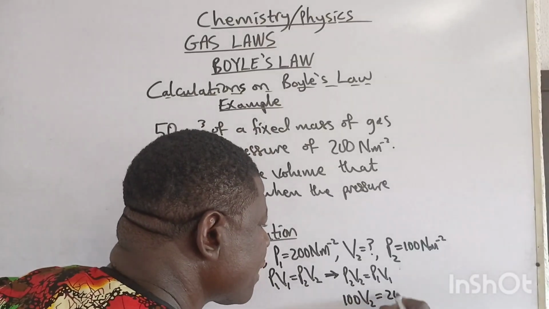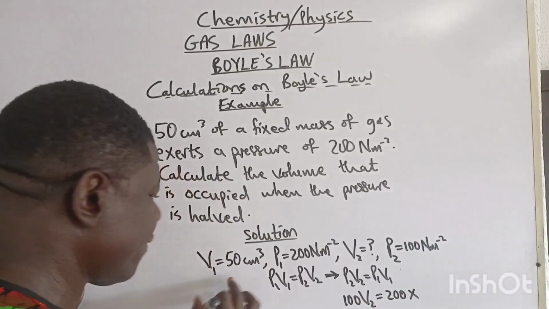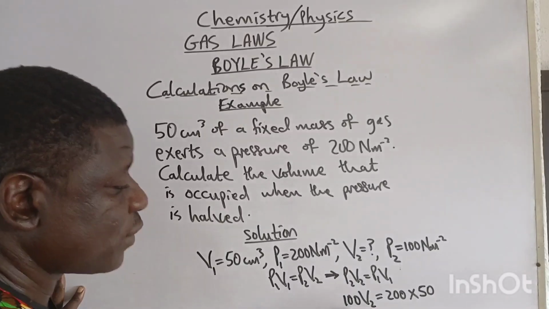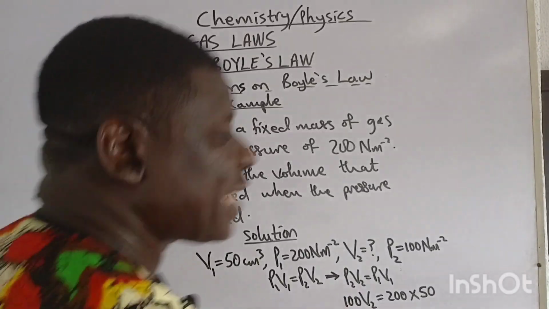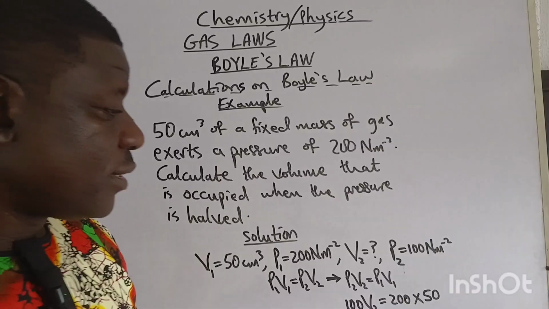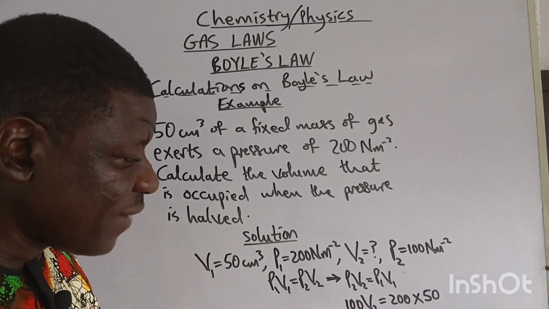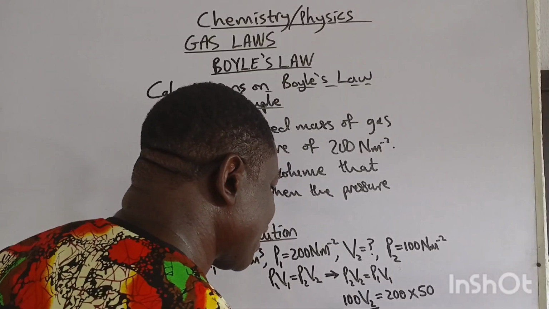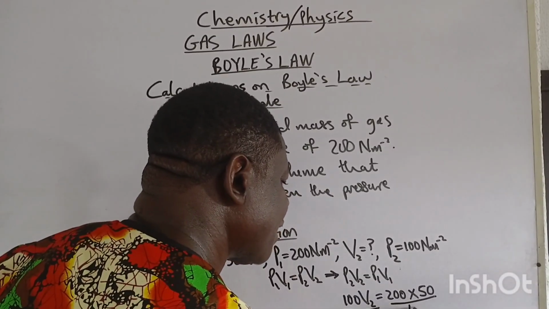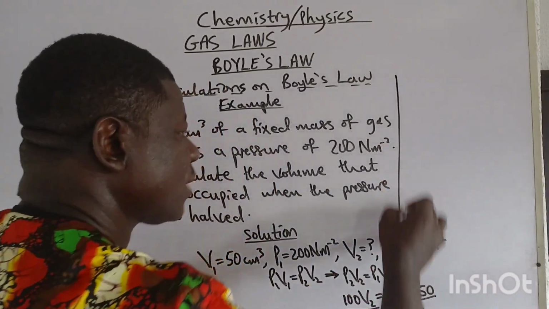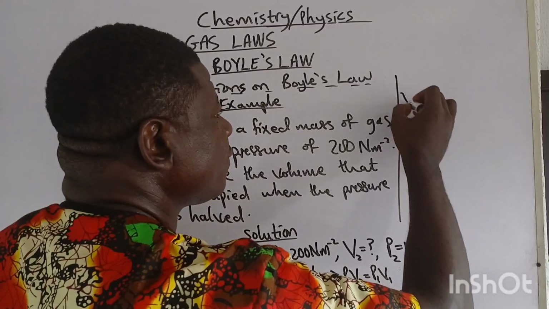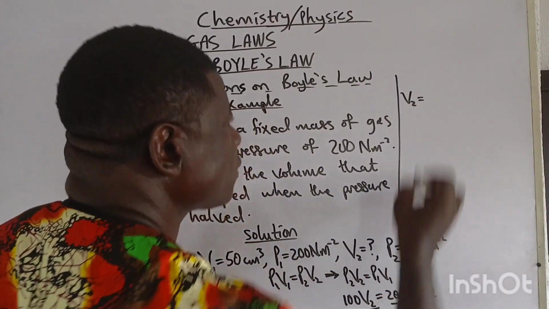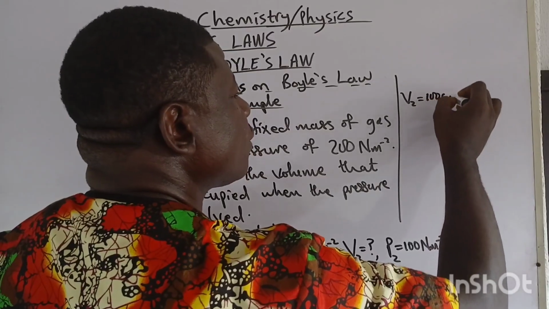P1 is 200 multiplied by V1. V1 is 50. So I'm looking for V2. What is stopping V2 is 100, and 100 is multiplying it. The opposite of multiplication is division. So what you divide on the left hand side, also use it on the right hand side. So here we divide by 100, and here we divide by 100. So 100 cancels 100, I'm left with V2. Here, these two zeros will cancel these two zeros. 50 times 2 will be 100 cm cube.